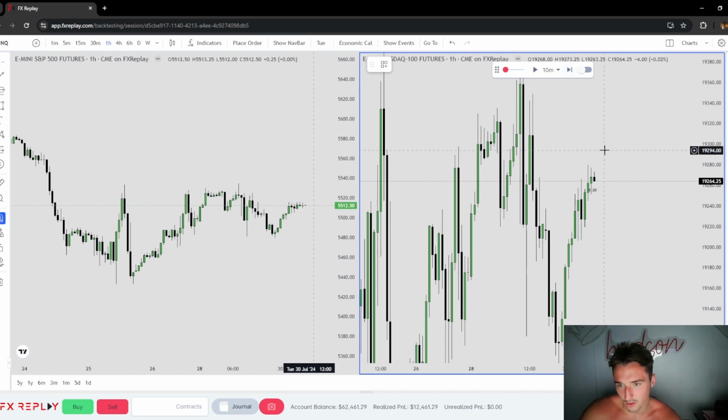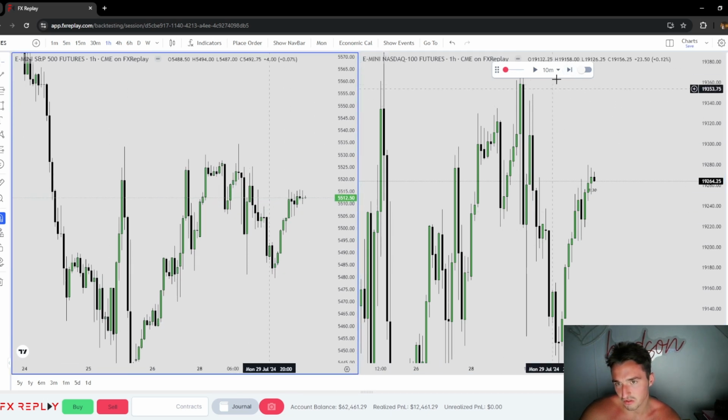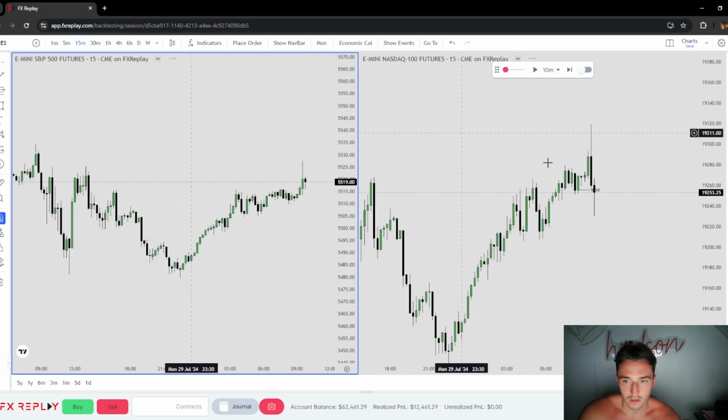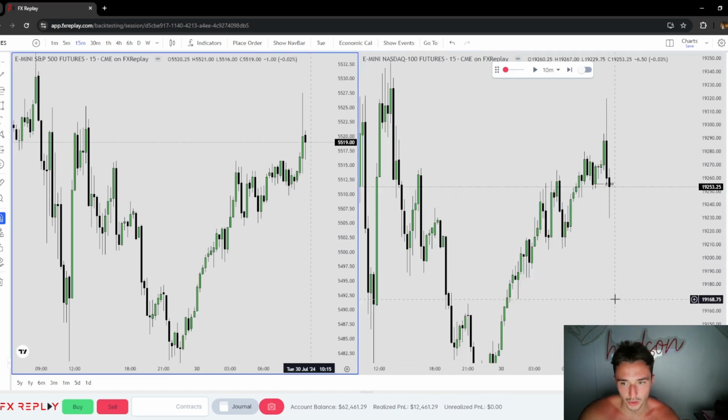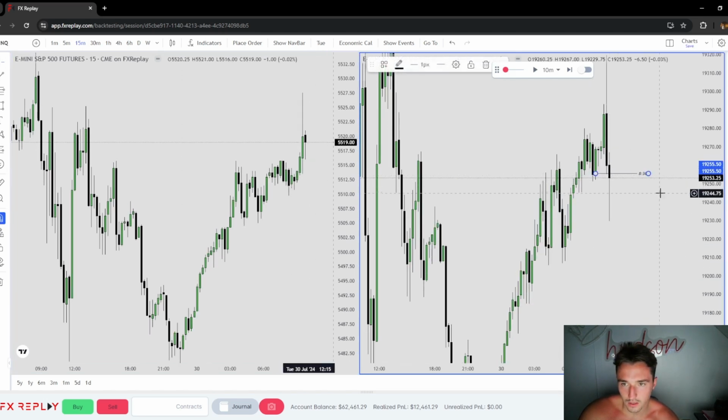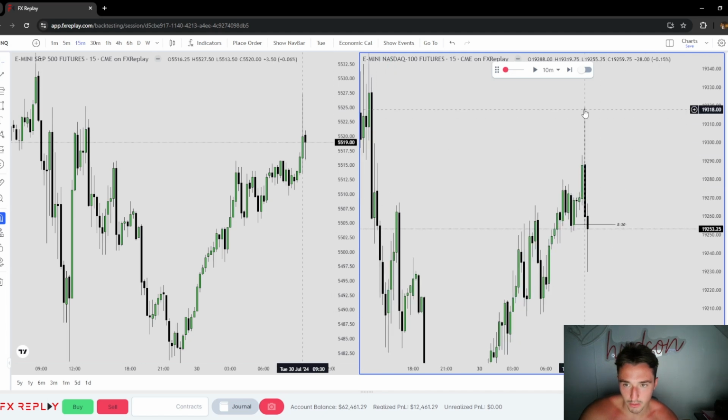Right, if we look at the hourly, we're just kind of riding higher a little bit. Okay, no SMT, but we do have an SMT here. 9:30 is probably going to trap both sides, pump higher, dump.